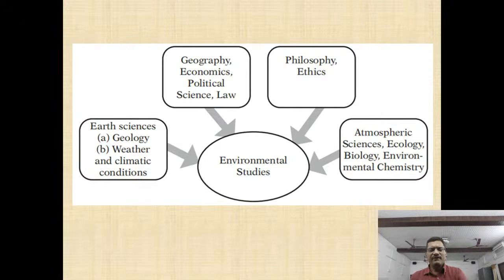When we talk about the interrelationship between environmental studies and other social and pure sciences, we must understand that pure sciences, social sciences and humanities are associated with one or another environmental issue, and that's why we have to have an integrated approach of all these sciences, including the earth sciences of geology, geography, weather and climatology, spatial science like geography, social science like economics, political science, legislation, philosophy and ethics, which are humanities, atmospheric sciences, ecology, biology, zoology, environmental chemistry.